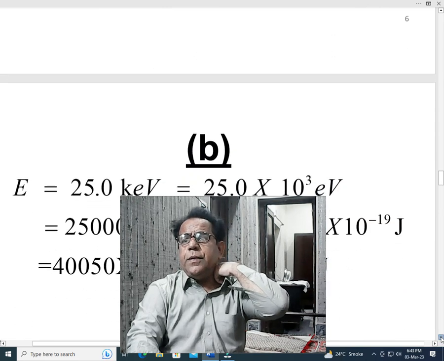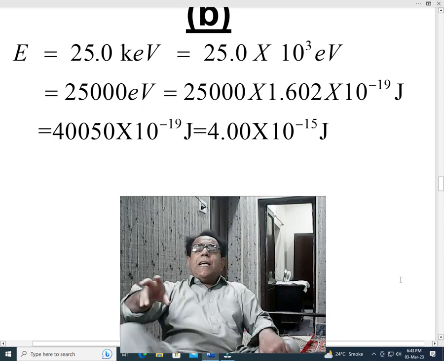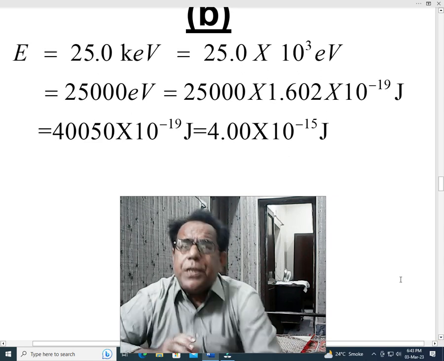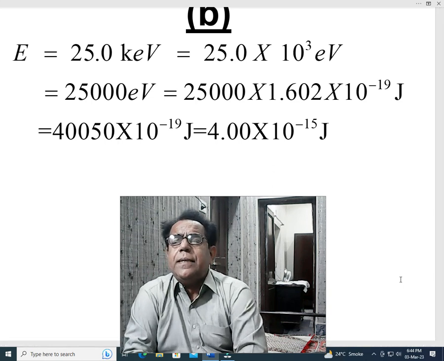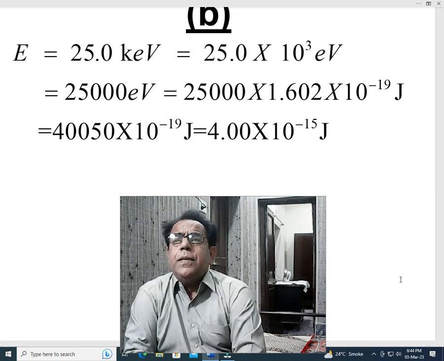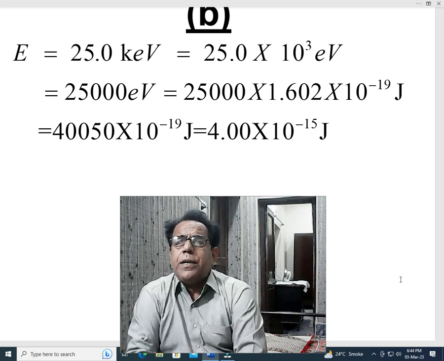B. Here once again energy is given, as 25.0 kilo electron volt. Kilo means 10^3, that is 1000, so this becomes equal to 25,000 electron volt.